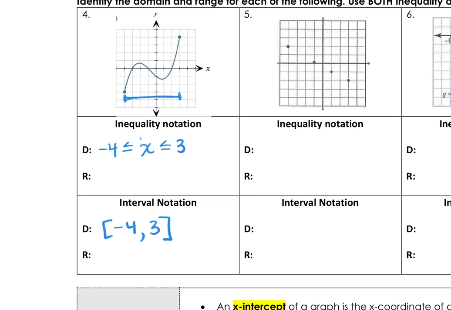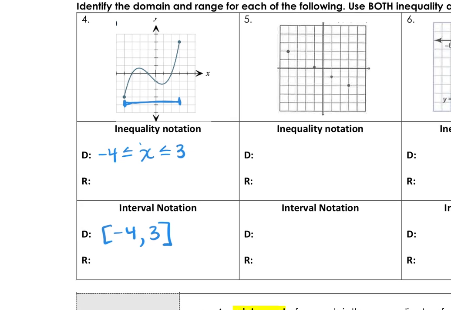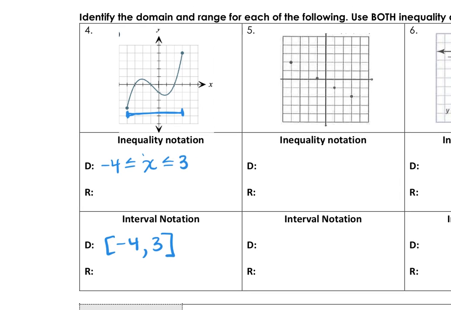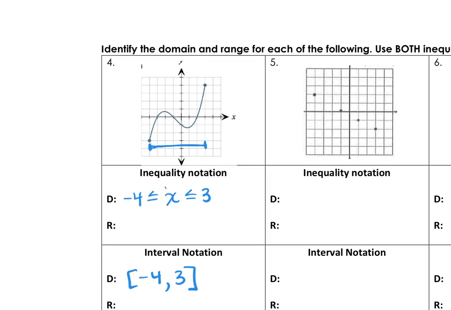All right, now let's look at our range, and we'll do our inequality notation first, and then we'll do the interval. So with range, remember you're looking along that vertical axis. You're looking for the lowest point and the highest point, the minimum and the maximum. So again, on this graph, our lowest point ends up being this endpoint we have right here.